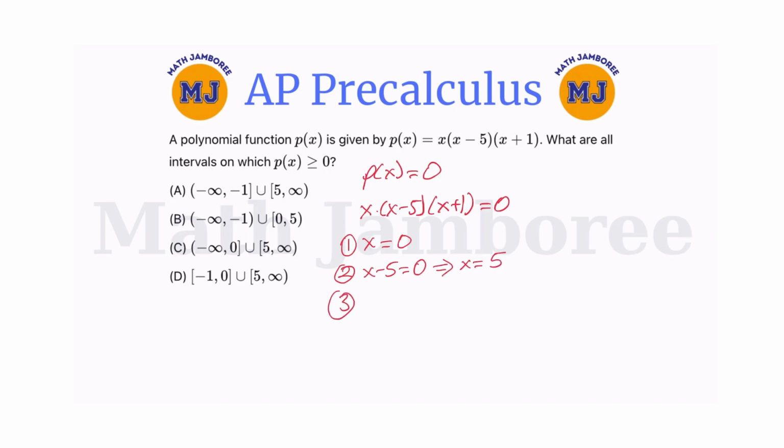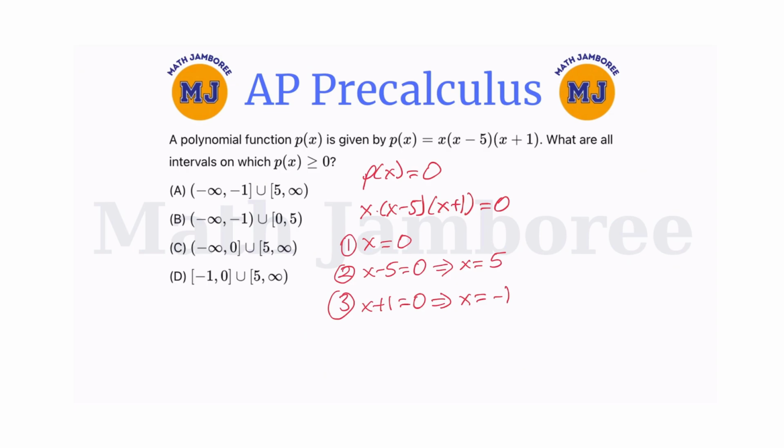And for the third one, x plus 1 equals 0, x will be negative 1. So the roots of the polynomial are at x equals 0, x equals 5, and x equals negative 1. These are the points where the polynomial equals 0.